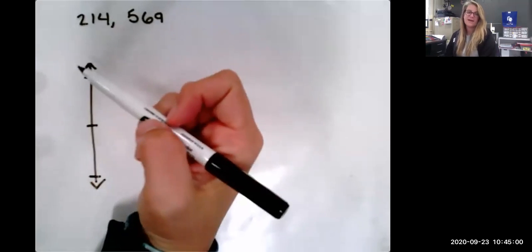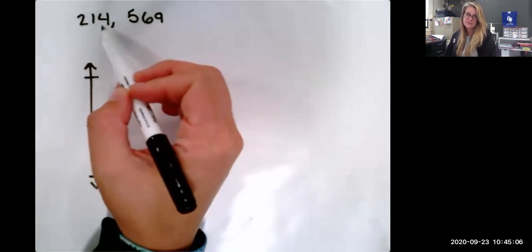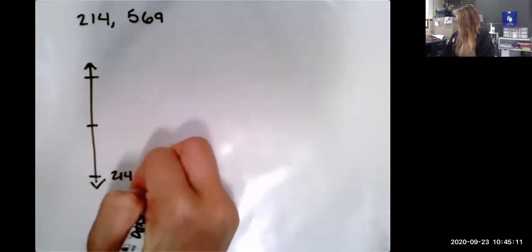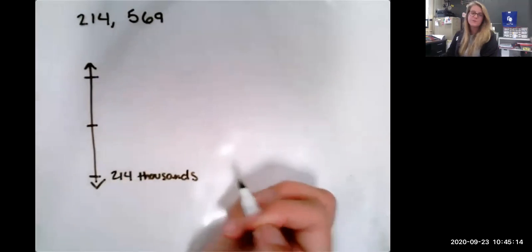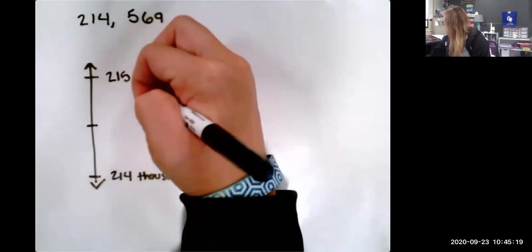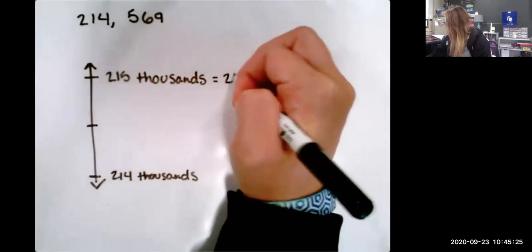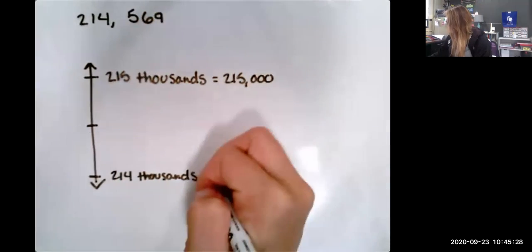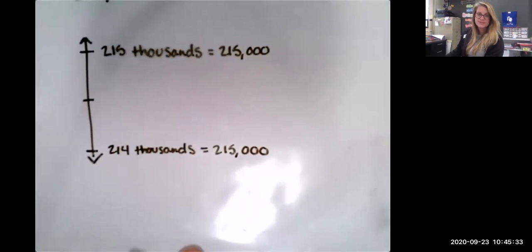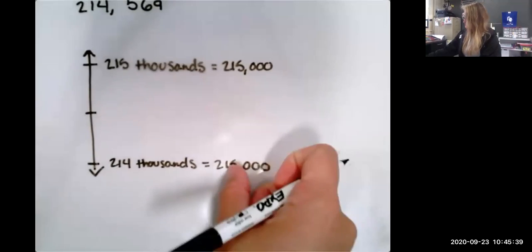We are going to identify how many thousands we have in our number. So we have 214 thousands. Then when you add one more thousand, that is going to give you 215 thousands. Then we're going to identify the halfway point between 214,000 and 215,000.